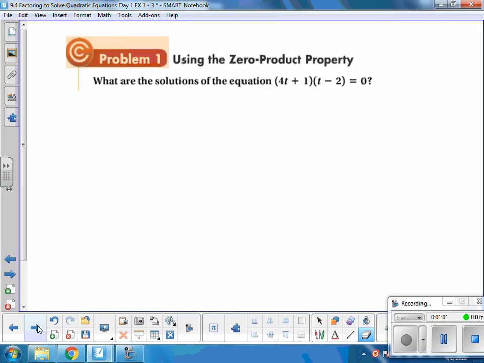So if that's true, then 4 times t plus 1 can equal 0, or t minus 2 can equal 0. And we can solve these out to solve for t.